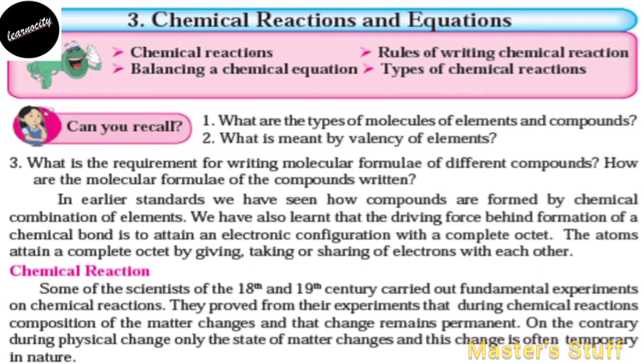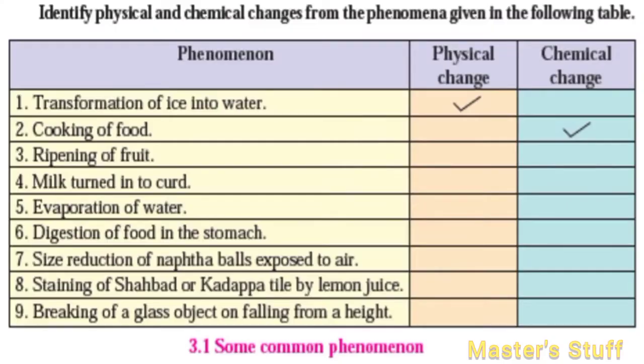Now, let's take a look at the following table and identify physical and chemical change from the phenomena. First, the transformation of ice into water. We all know that when ice melts, it gets converted into water and the water can again freeze back to ice. Thus, it is a physical change. Second, cooking of food.